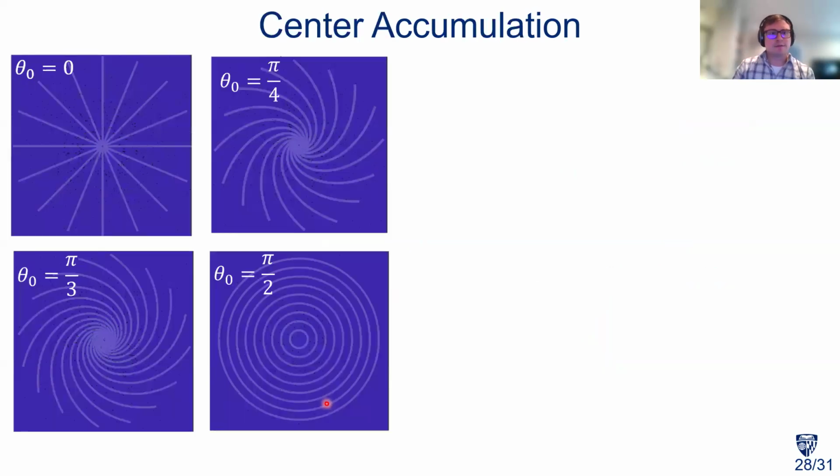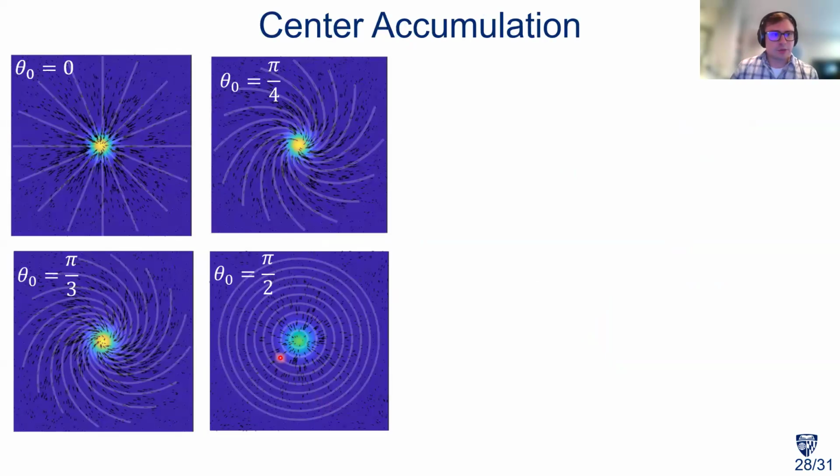For all cases that I'm showing here, we get accumulation at the center. So again, the color is the density field. I've overlaid what the ridge pattern might look like for these theta naughts. And we get central accumulation. And so that's qualitatively similar to the experiment. We are still trying to figure out how much we want to quantitatively compare it to the experiment.